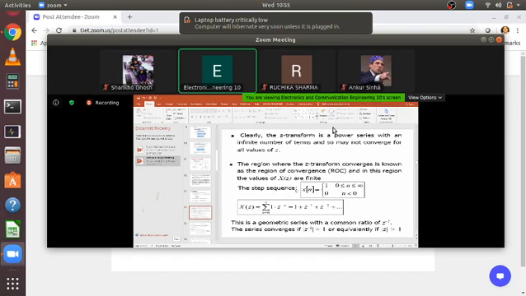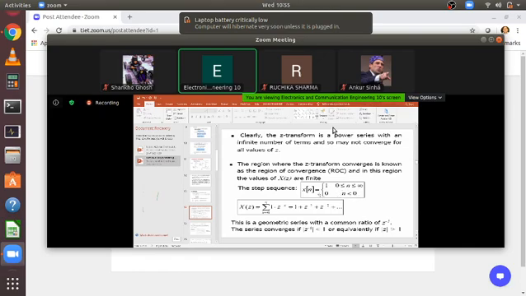Take the step sequence: let's say a sequence x[n] equal to 1 for n going from 0 to infinity, and it is 0 for n less than 0.